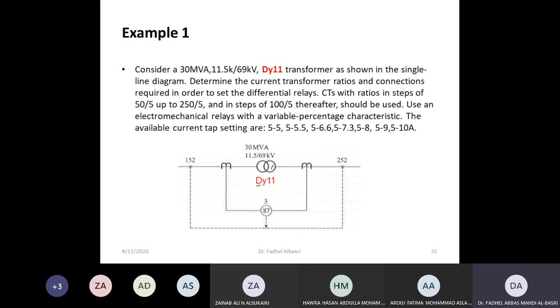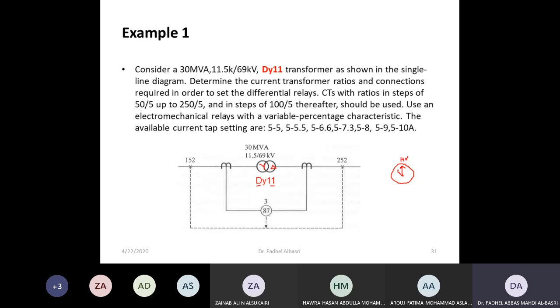A small letter represents the LV side, which here is star connected. And 11 means the LV side leads the HV side by 30 degrees. It's like 11 o'clock. Take a watch: 12 o'clock represents the HV.